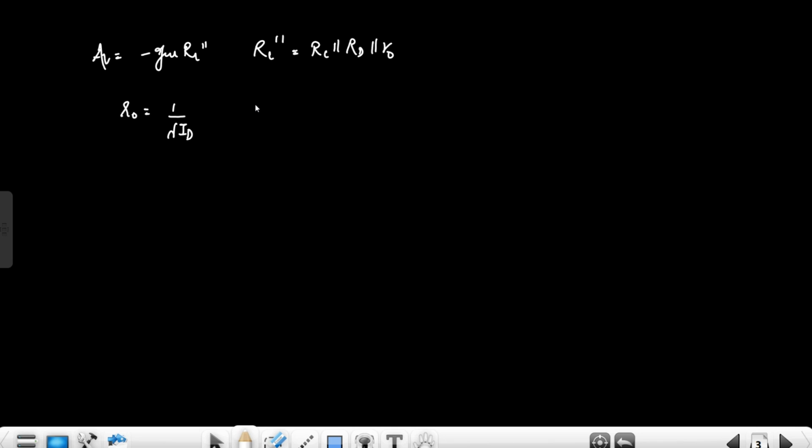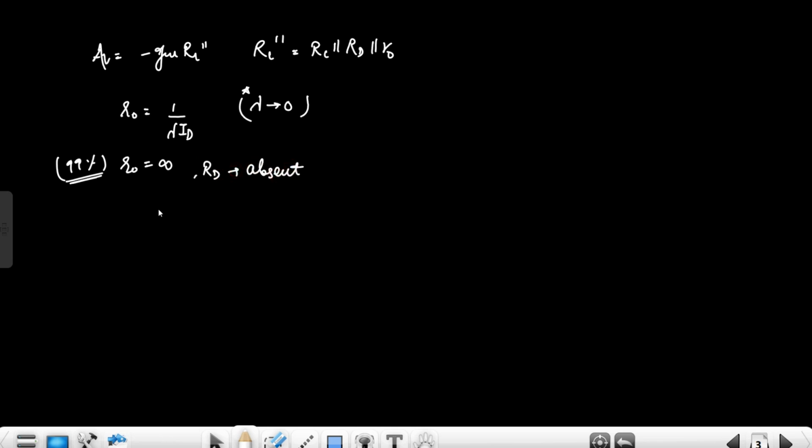If it is not given, we just consider lambda to be equal to 0, so R0 is infinite, which is the case in 99% of problems. Since this parameter is not given, we simply write R0 as infinite. And let's say the drain resistance RD is also absent.